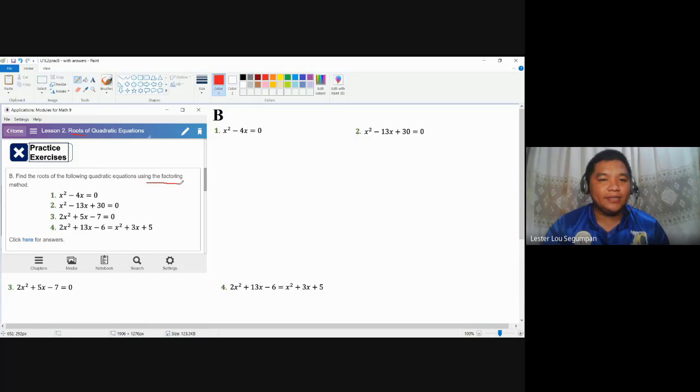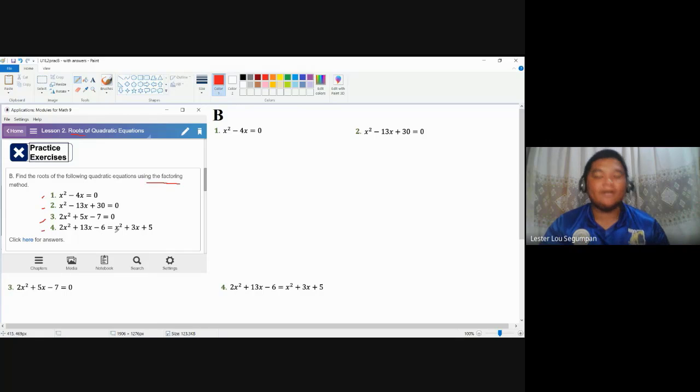But for items 1, 2, 3, and even 4, I believe, as we will check later, the items here have b coefficients. Meaning we have a term with the first degree of x here: negative 4x, negative 13x, plus 5x. We will check later on number 4 if there is a b coefficient.